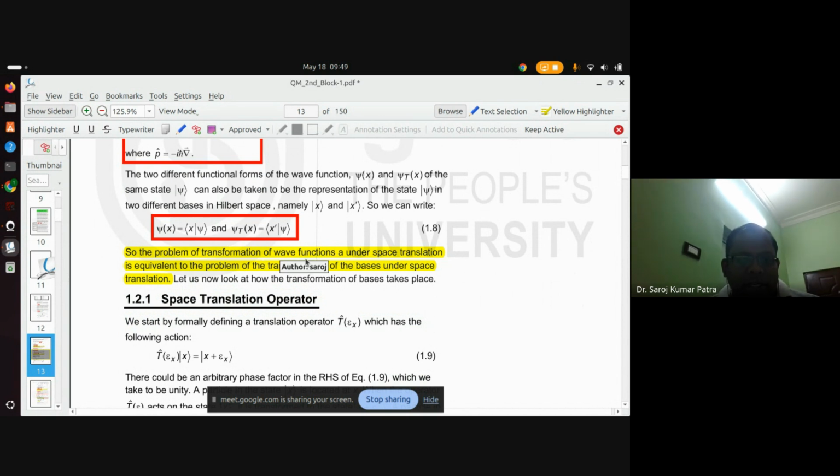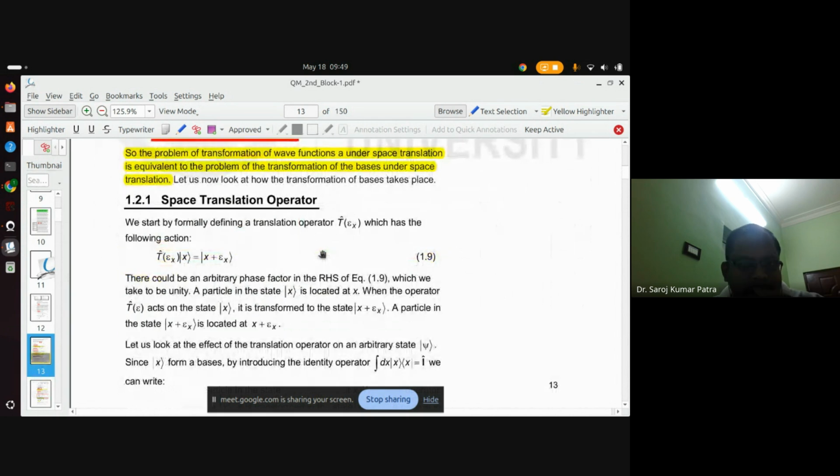Space translation operator. So now let us come to the operator formalism. We start by formally defining a translation operator, which is T(epsilon x). T(epsilon x) is an operator. What does it do? T(epsilon x) operating on the state vector |x> will move it to |x + epsilon x>.